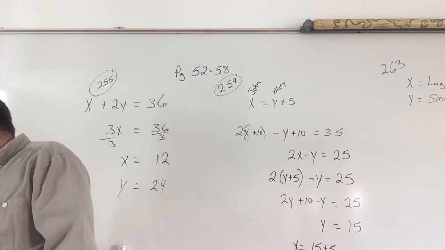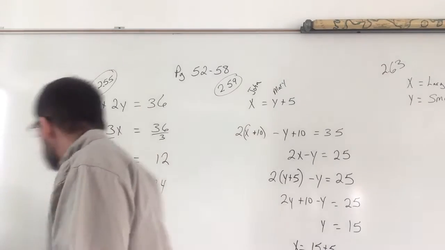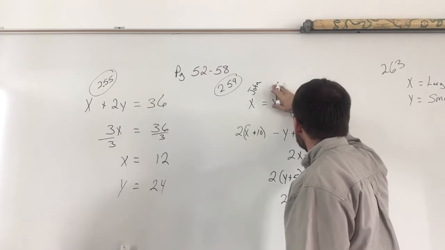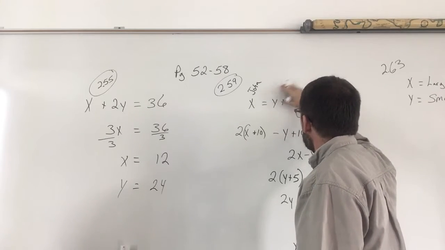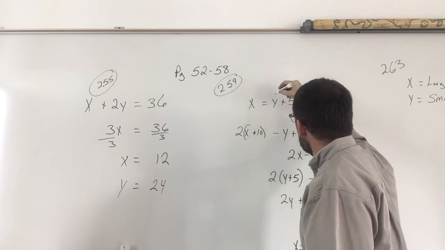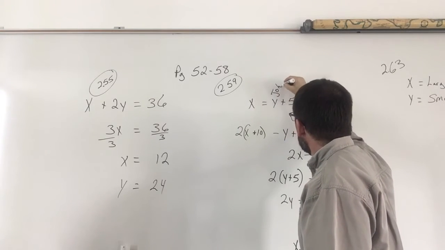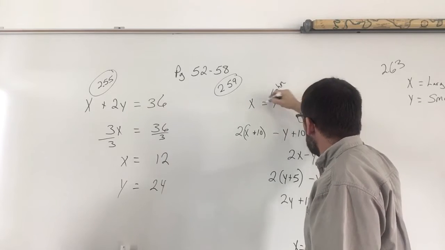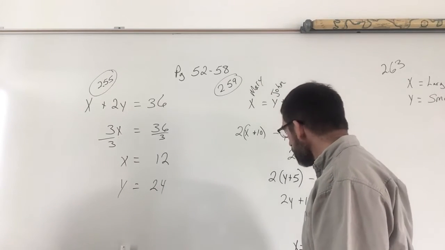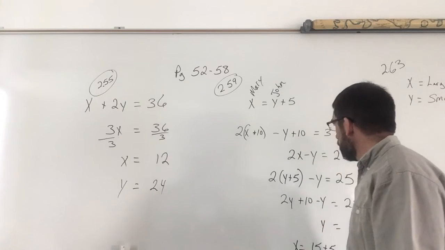X plus 5. Yes, John is older than Mary, so I actually did this wrong. We're going to say that this is John and Mary. Okay, try that.